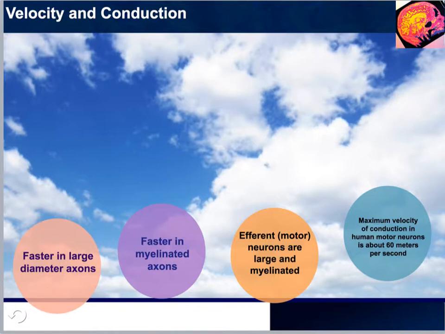There is a misconception about the velocity of motor neuron action potentials in humans. The maximum velocity of motor neuron APs was found to be about 100 meters per second in cats, and was then assumed to be the same in humans, but we now know that it is not. The maximum velocity of conduction in human motor neurons is about 60 meters per second. And this can be appreciated in our reflexes, or our behavior.